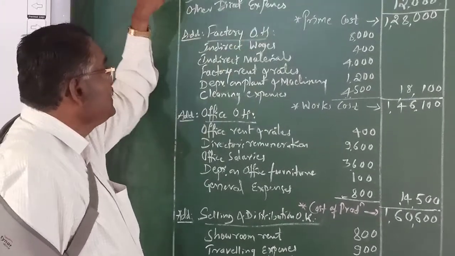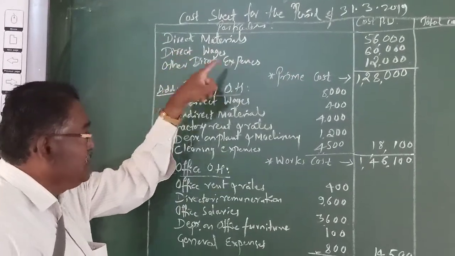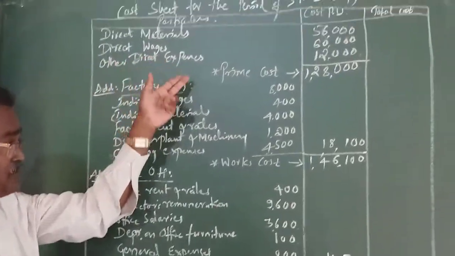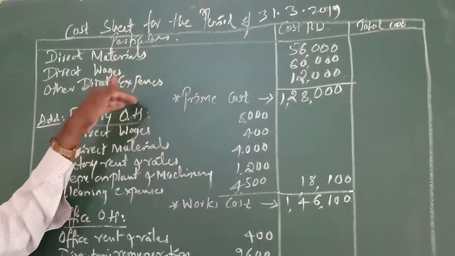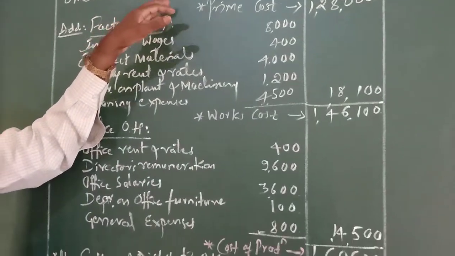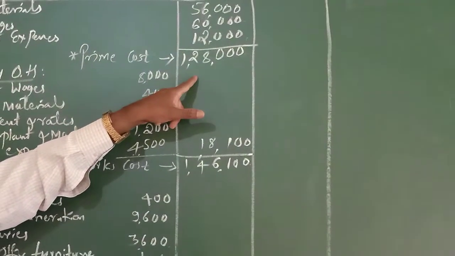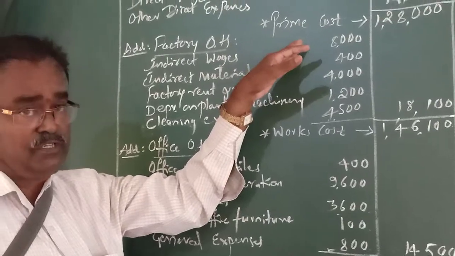In this problem, the direct materials are 56,000, direct wages 60,000, other direct expenses 12,000, and the total of all these is 1,28,000. That 1,28,000 is the prime cost.